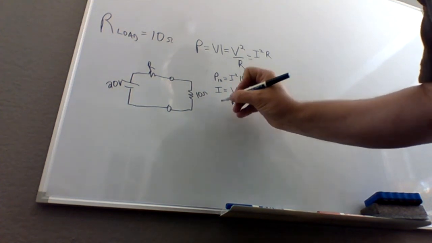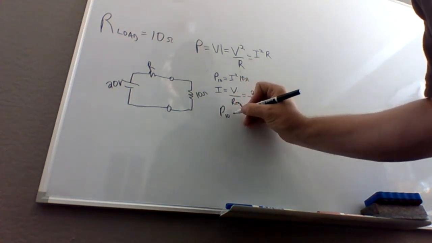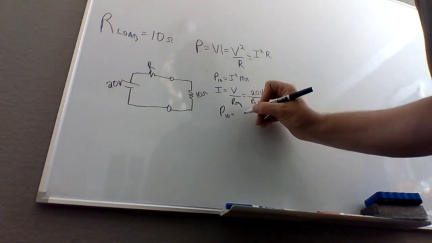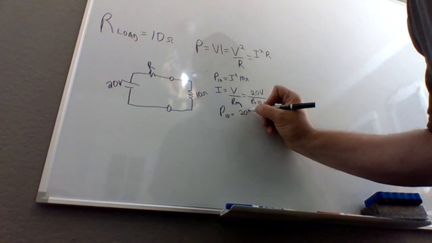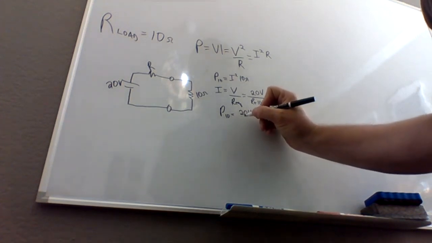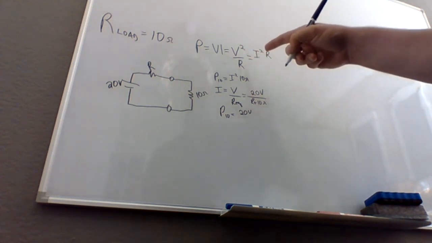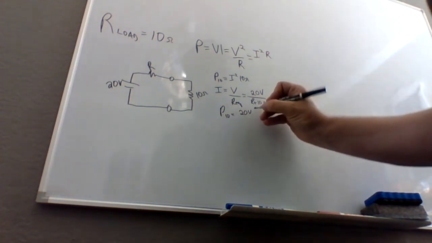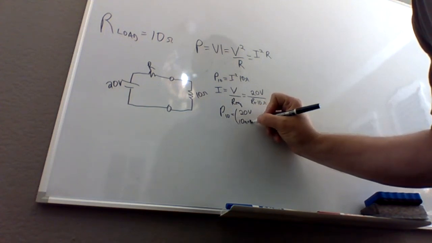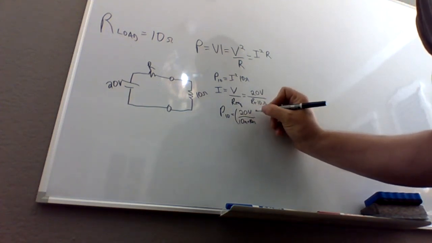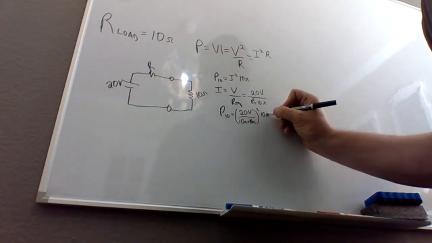So in that particular case, my power P10 is equal to I squared R: 20 volts over 10 ohms plus 10 ohms, squared, times 10 ohms.